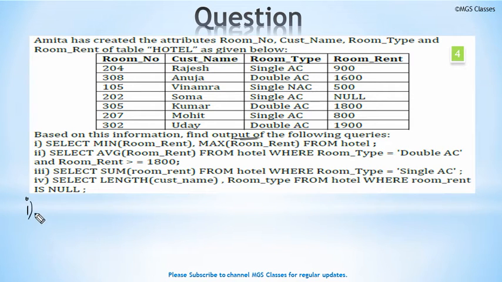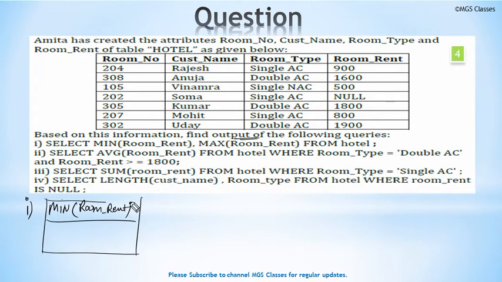So the first command I am taking: select minimum of room rent and maximum of room rent. Minimum of the room rent you need to get. So the min function will get the minimum value among the room rent column. Which is the minimum value?